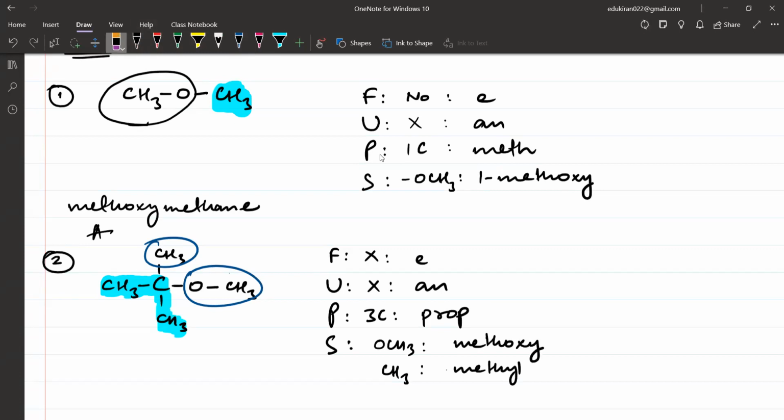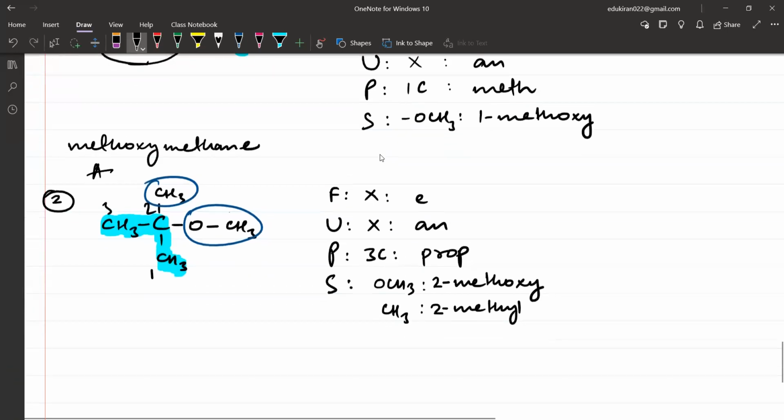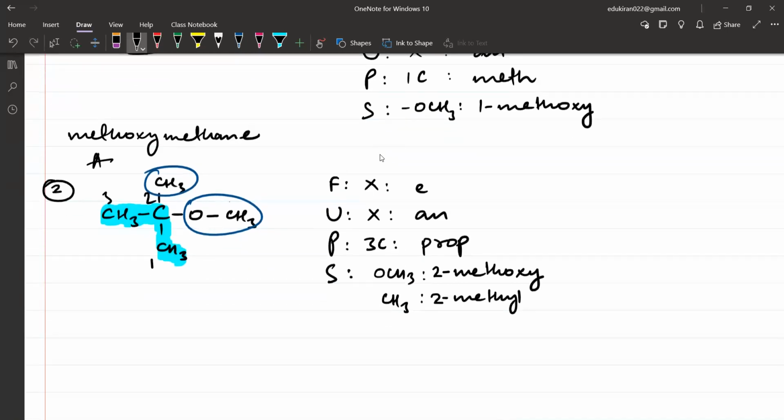Now I will number the carbon atoms. You can number from anywhere, 1, 2, 3, or from the other side 1, 2, 3, it will be the same. Methyl and methoxy both are on the second carbon atom, so 2 and 2. Which will come first according to alphabetical order, methyl or methoxy?